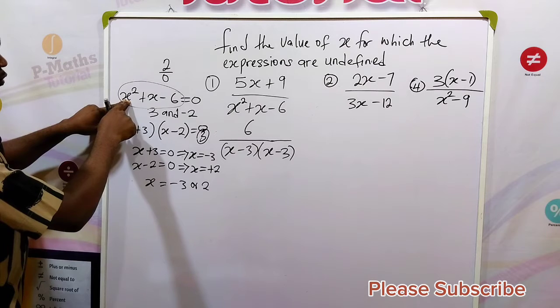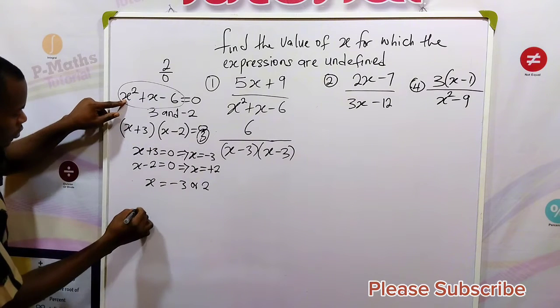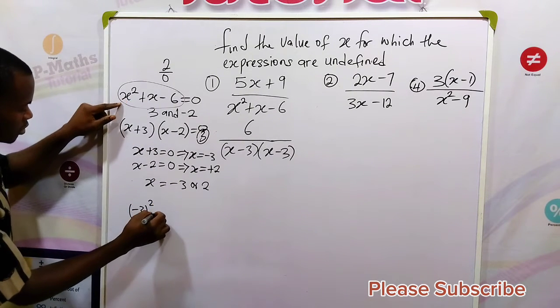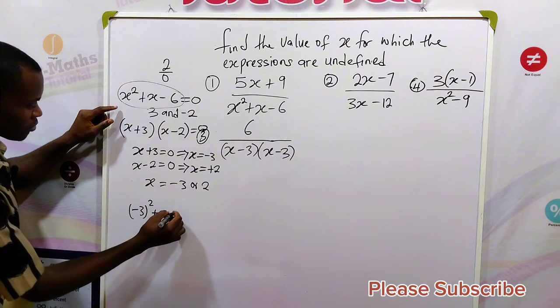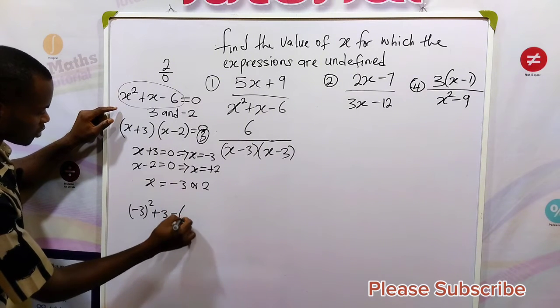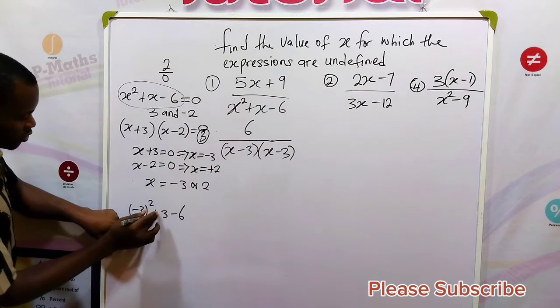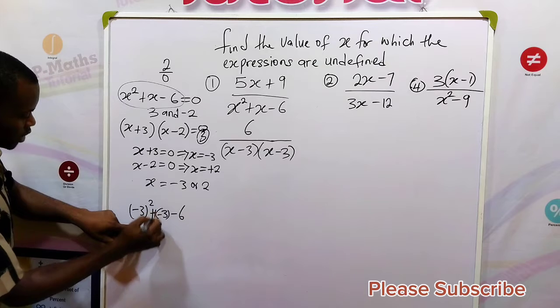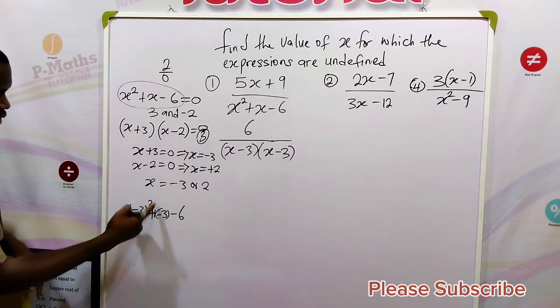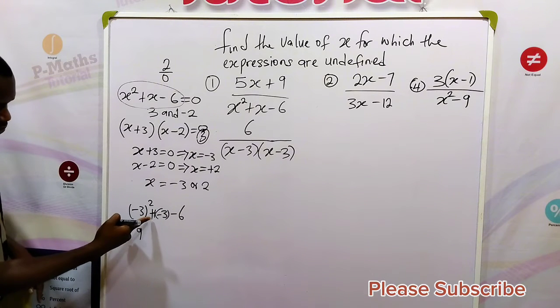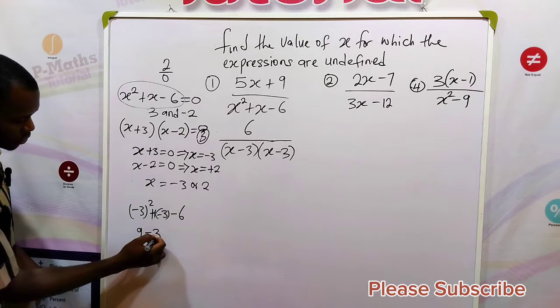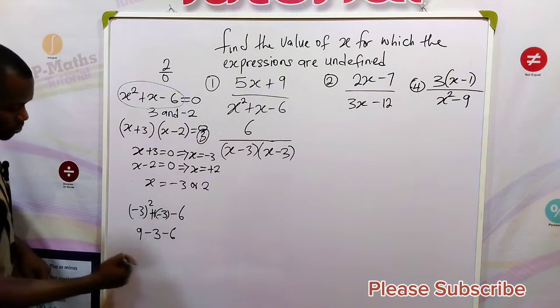Let's put a negative 3 here and see what we have. Negative 3 squared plus negative 3 minus 6. So negative 3 squared would give us 9. Plus times minus is minus. Then bring this down.